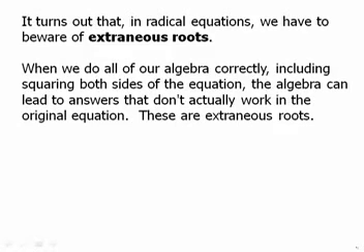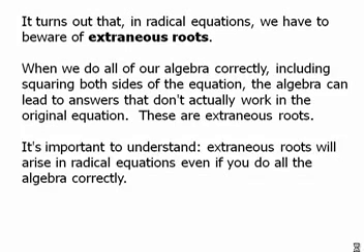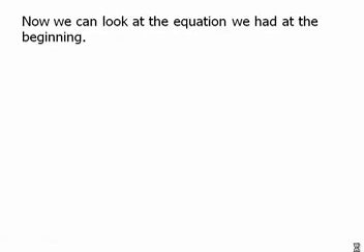These are extraneous roots. I want to emphasize this is not about making a mistake. Even if we do all the algebra correctly, just by virtue of the fact that we square, we produce extra roots, extraneous roots that do not actually solve the original equation. It's important to understand extraneous roots will arise in a radical equation even if you do all the algebra correctly.